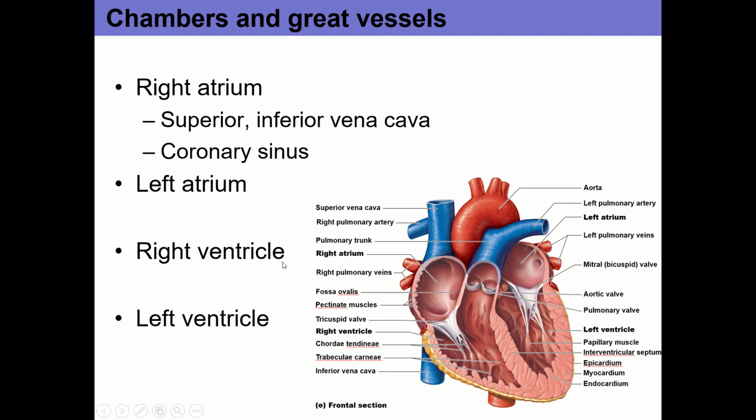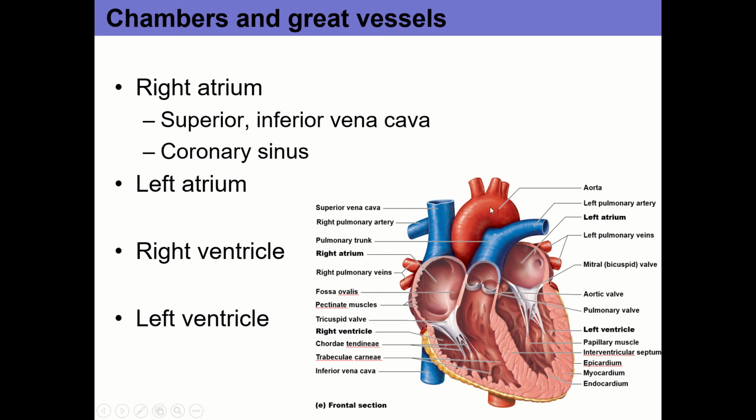Left atrium there. One of the things to notice between the ventricles: here's our right ventricle, and then our left ventricle over here. Notice how much thicker the wall is of the left ventricle. This is your interventricular septum, so it separates the right and left ventricles. But notice how much thicker the wall of the left ventricle is. That's because the left ventricle is going to eject blood out to the body through the aorta.